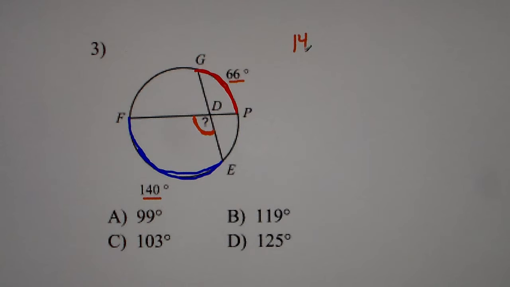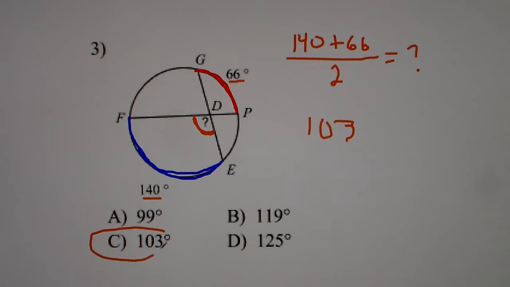So 140 plus 66 divided by 2 equals that question mark that we need to find. So 140 plus 66 gets you 206. 206 divided by 2 gets you 103. So number 3 is C.